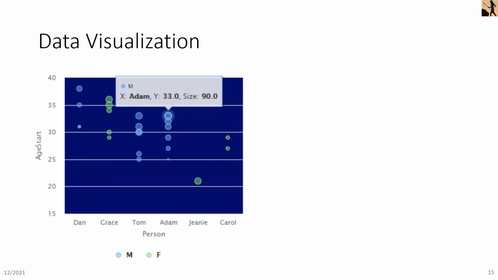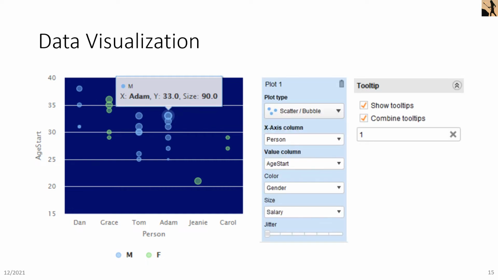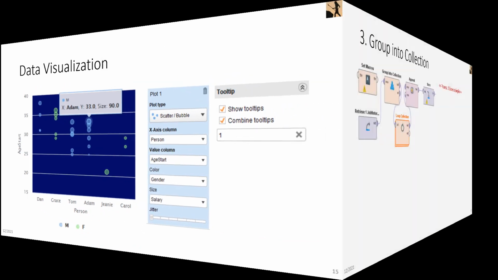And we add a third dimension, that is the color: blue for male and green for female, right? And here is how we specify this scatter bubble chart, right? And in terms of the tool tips, we can click to show it. We can also click to combine all the tool tips together when they are shown, right?